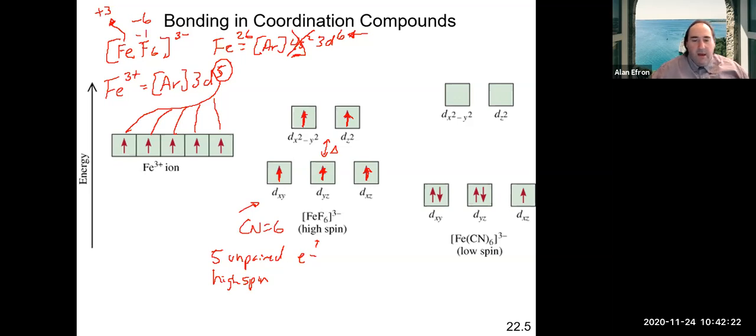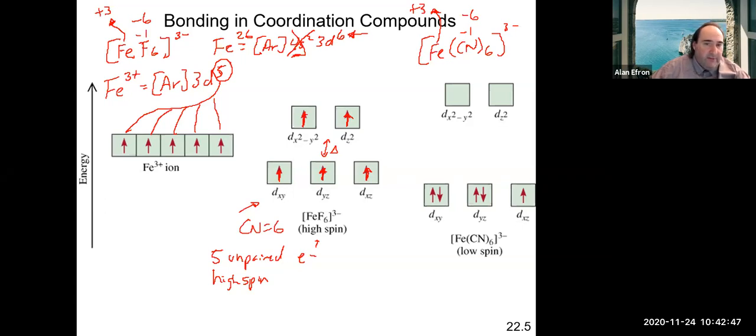Now, if we take the same guy that's over here, we have FeCN6, and we have a -3 on that guy as well. So same idea, CN minus is -1. There's 6 of them, it's -6. Again, here we have a +3 for our iron in this particular case.